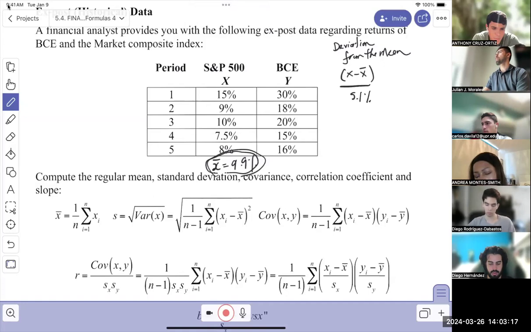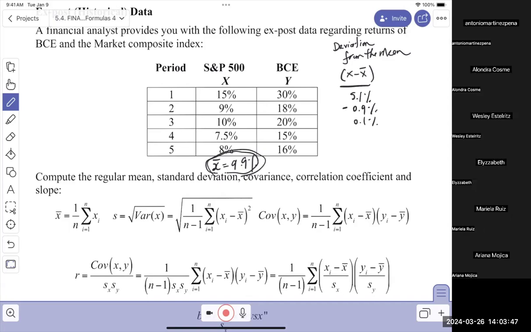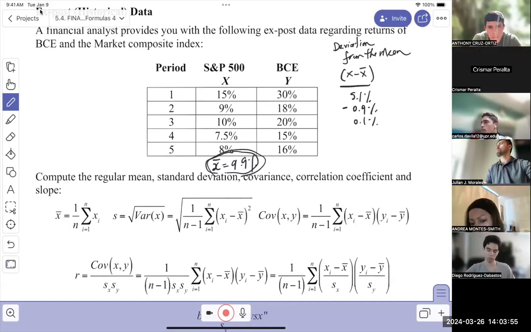The second one is, go ahead, Denzel. It was .009, but in percent like 0.9. Okay. But a negative, right? Don't forget, yes, exactly. The sign is very important right now. And then 0.1. And then negative 2.4.